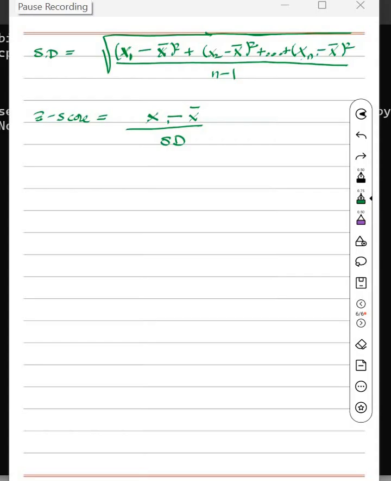When does the z-score become the old mean? When x is equal to x bar, it becomes 0 on top. So the mean of the z-scores is 0. And the standard deviation would be 1, because if the top is equal to the bottom, you would get exactly 1, and the top equals the bottom means that x is equal to the mean plus the standard deviation. So they just squish things.